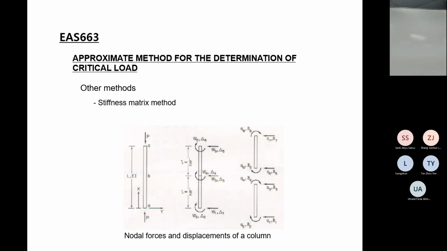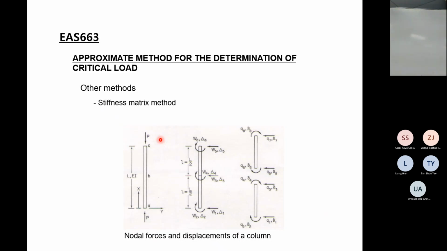Now, if we now extend it to the case of just now, we are looking at beam problem, bending problem. Now we look at a problem that we want to apply this stiffness matrix method to, a problem of a column subjected to an axial load. So in a similar way, we want to solve this using stiffness matrix method.